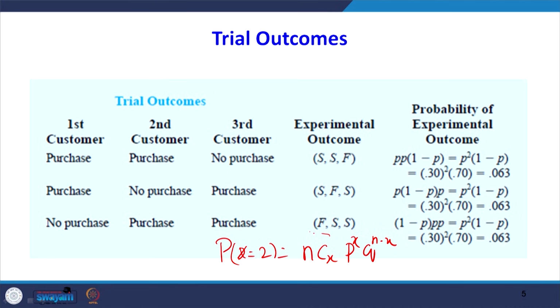So this nCx will give you different combinations of that event to happen. So this p power x, here always p squared q power n minus 2, will give you the probability. So that is the purpose of this binomial distribution.